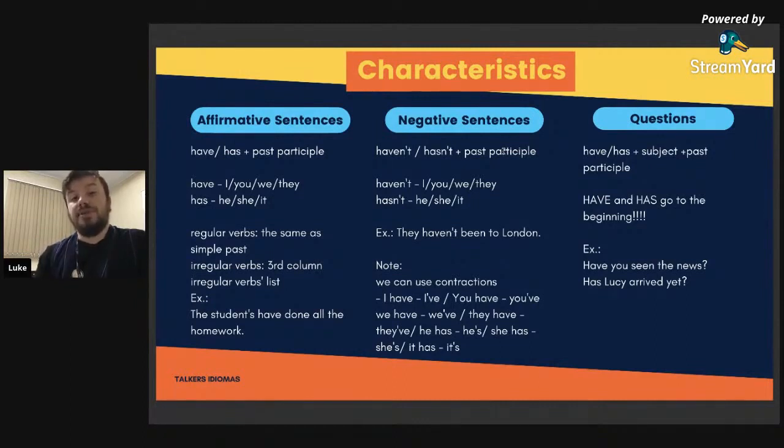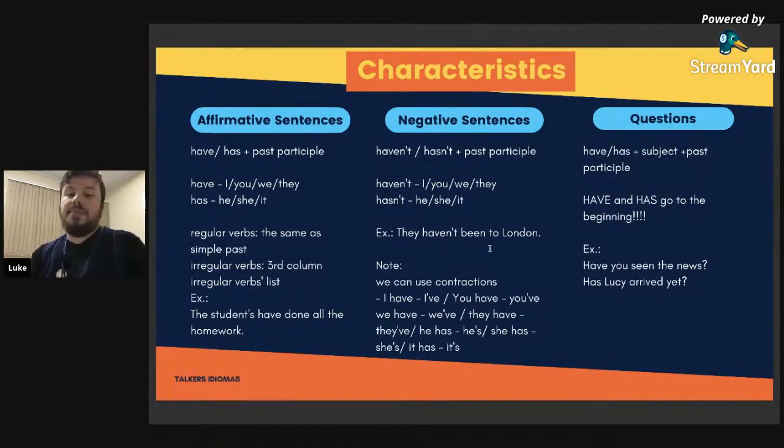But for present perfect, we always have to change the main verb. So we always have to write it in the past participle. It doesn't matter if it's affirmative, negative, or a question. Okay? So again, haven't we use with I, you, we, and they, and hasn't we use with he, she, and it.